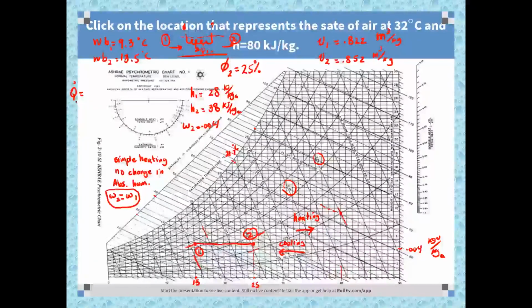So Q dot for this heating is going to be m dot times h2 minus h1, and m dot is unit conversion. 400 CFM, we don't need to multiply by 60. Actually, you have to divide it by 60 to make it meters cubed per second.